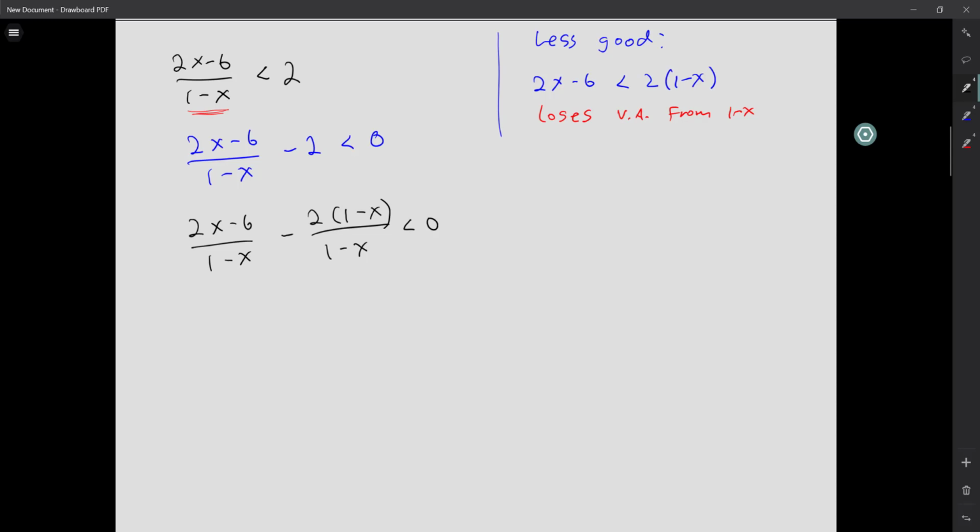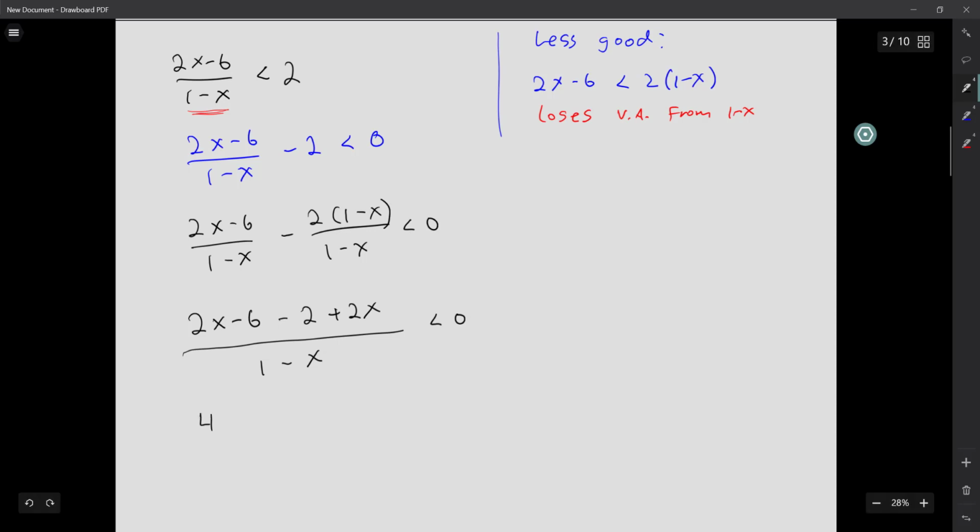Let's see, I'll do two things at once here. 2x minus 6, I'll distribute the minus 2 through there, so I've got minus 2 and a plus 2x, and this is all over the common denominator of 1 minus x. We should be pretty good to go now. I've got 2x plus 2x, so I've got 4x, minus 6, minus 2, minus 8, all over 1 minus x, less than 0.